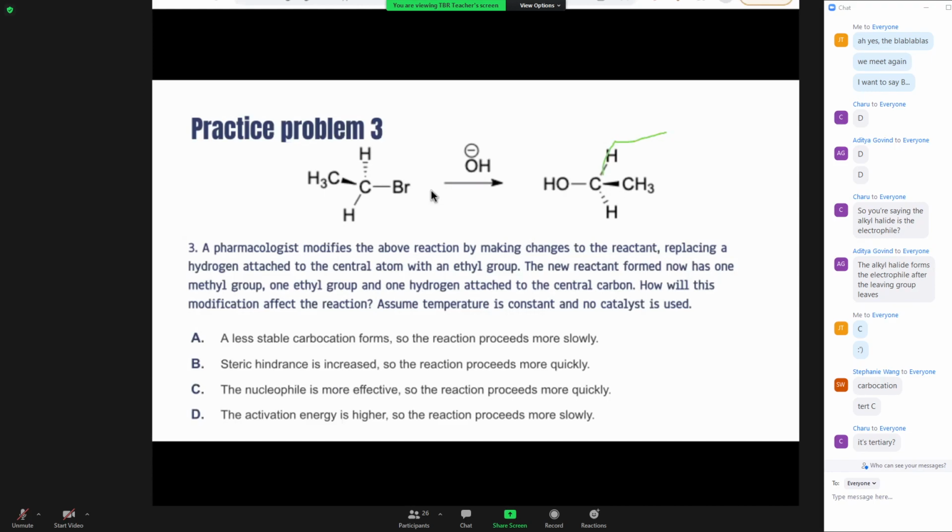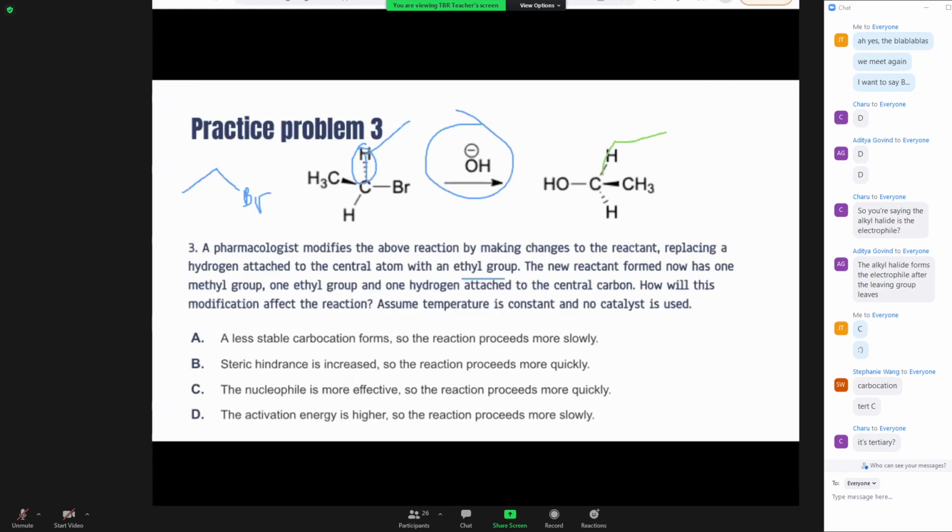But let's break down what they're asking and what they're saying. So they are taking 1 hydrogen group and they are replacing it with an ethyl group. So let's just draw that here. How does that change the reaction that is occurring, based on the original molecule and what that used to look like, and let me redraw it so it's a little easier to see.